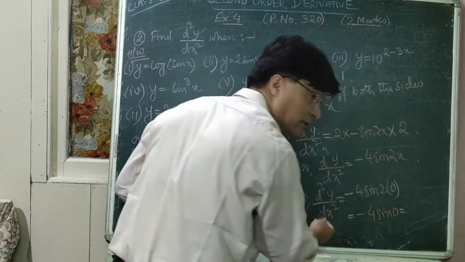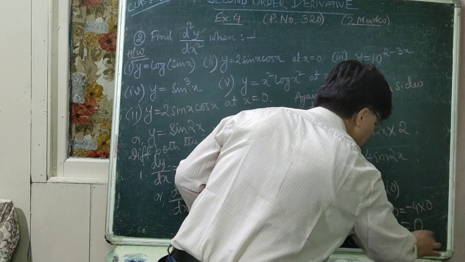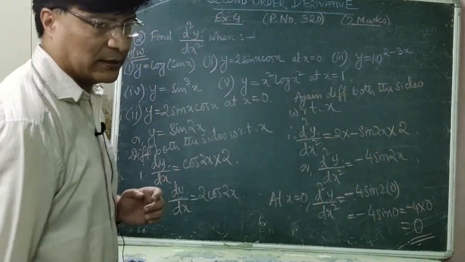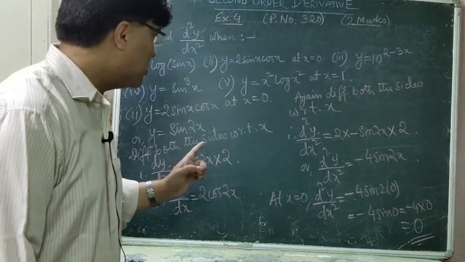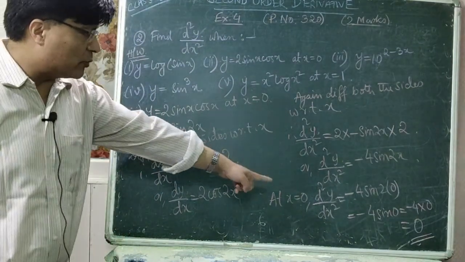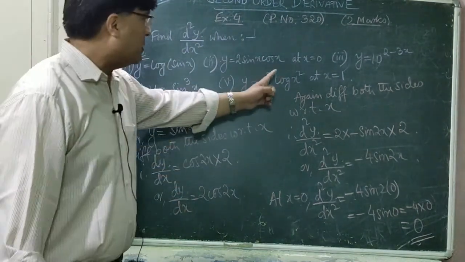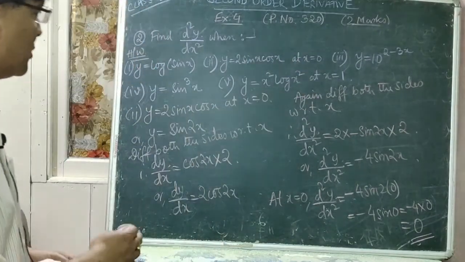What is the value for sine 0? It is 0. So minus 4 into 0 is equal to, what is the answer? 0 is the answer. Is that clear now? So what is the value for d2y by dx square for the second number? It is d2y by dx square is equal to 0 when x is equal to 0. Is that clear? So you can copy it.